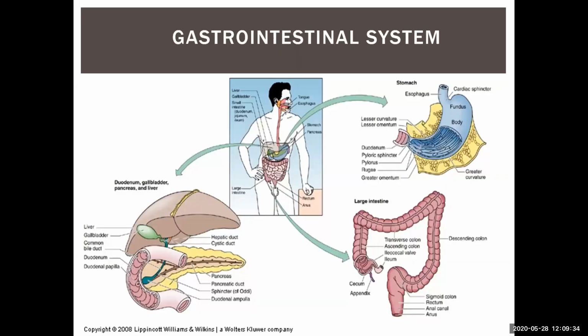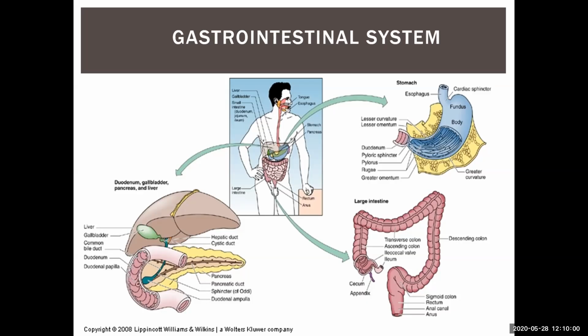Here's a little picture kind of showing you some of the organs that also help. So after entering the mouth, the food, or liquid, goes down the esophagus into the stomach, which has a fundus at the top, and down at the bottom a pyloric sphincter, which is going to push that food through to the duodenum, and then the duodenum is the start of the intestine.